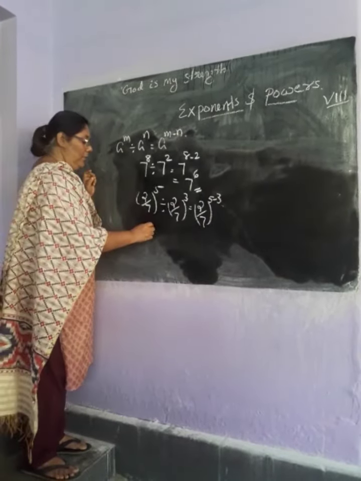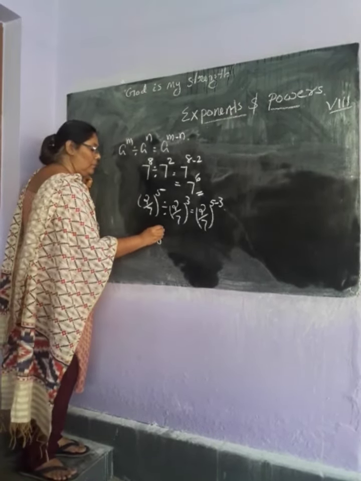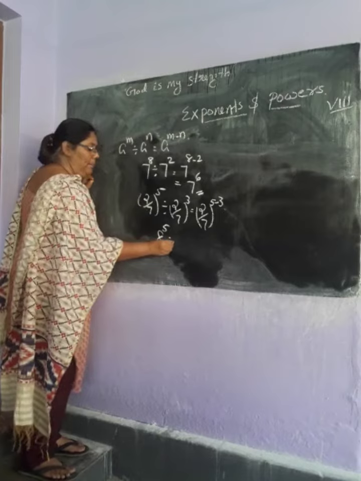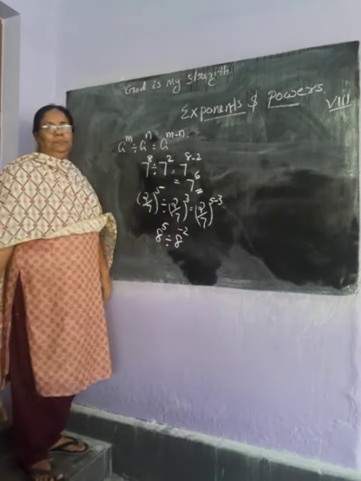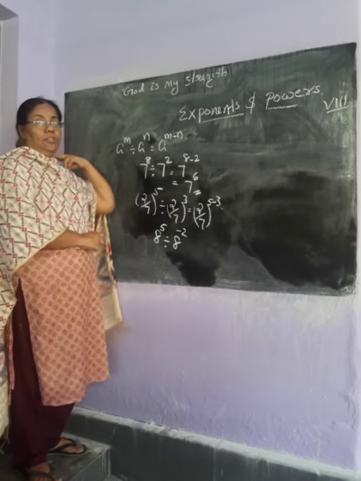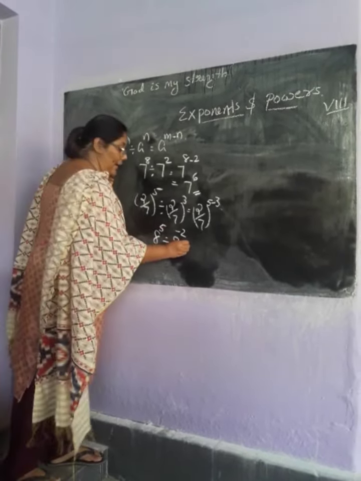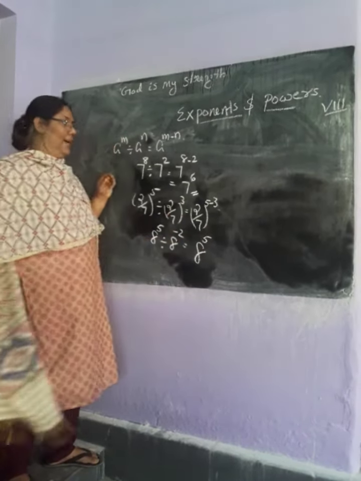Understand? One more example. 8 raised to 5 divided by 8 raised to minus 2. Can you say the answer?